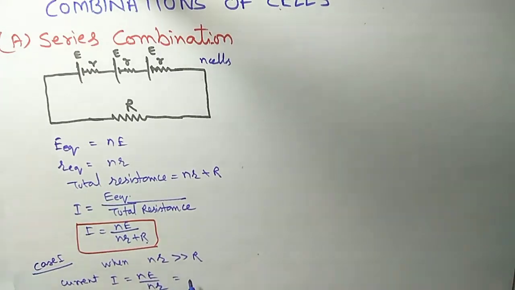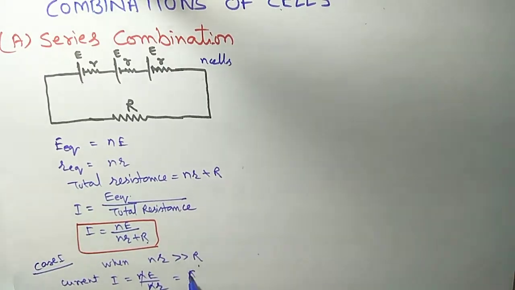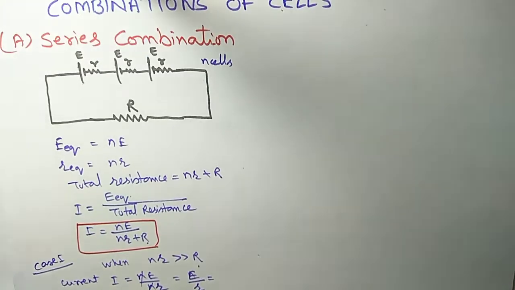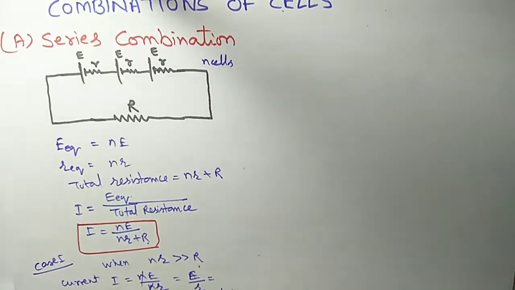The n is cancelled, so it is equal to E upon r. That is the current provided by a single cell.